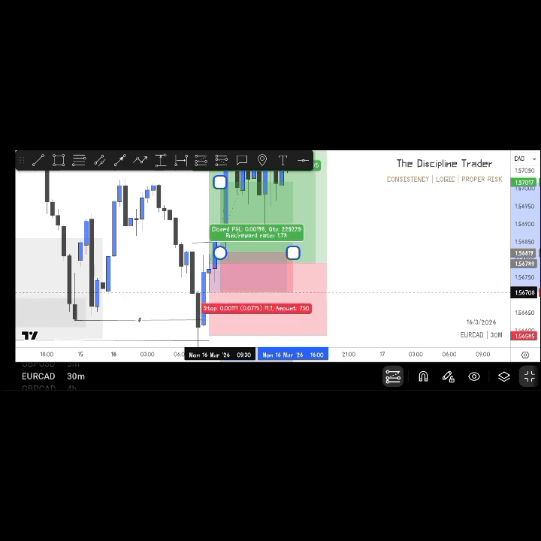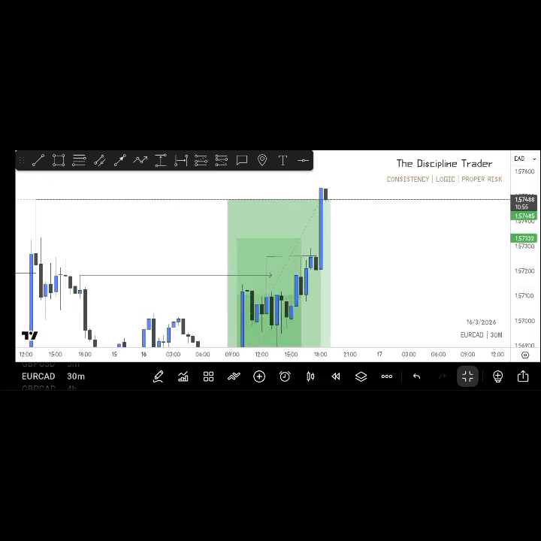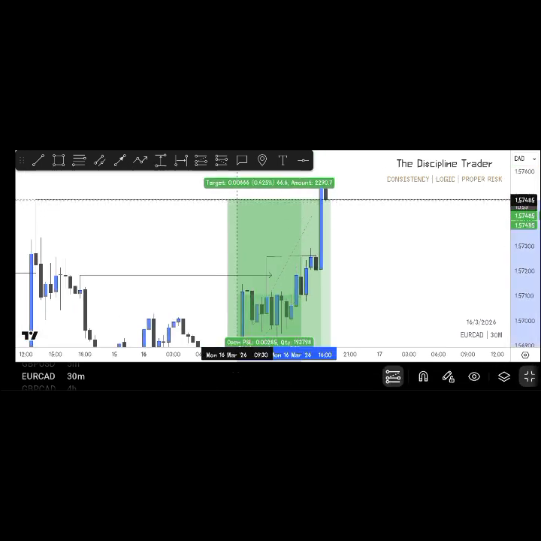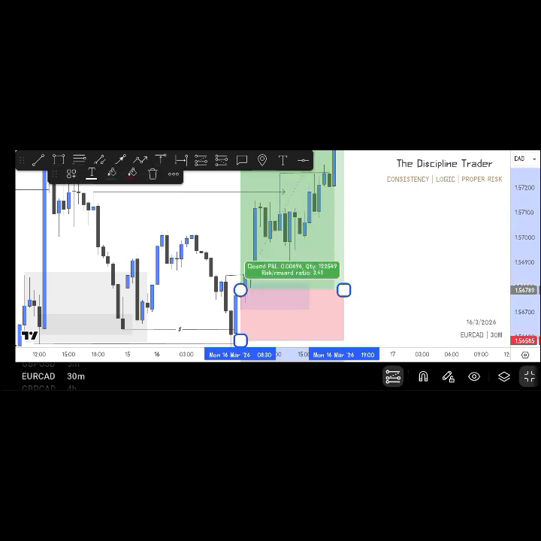Talking about stop loss, my stop loss is 11 pips, and I normally give it 2 pips extra, which makes 13, and my target goes up to this zone right there. So this trade is actually a 1:5 risk to reward ratio, while the one I took is 1:4.